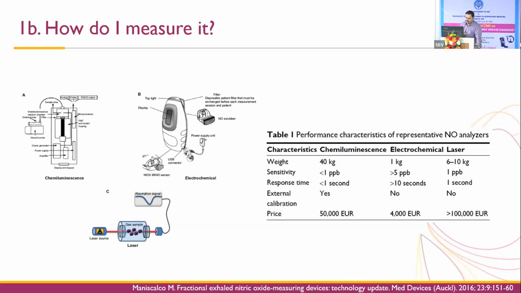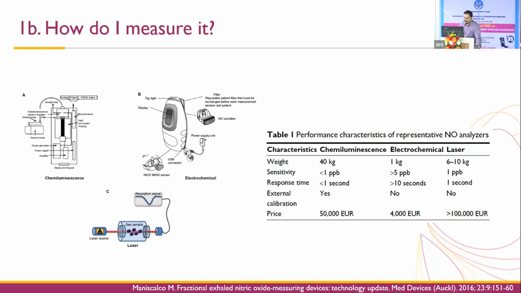There is also a laser absorption technique which picks up nitric oxide, again slightly bulkier and costlier. So the handheld, really mobile FeNO took off when the electrochemical technique was invented.